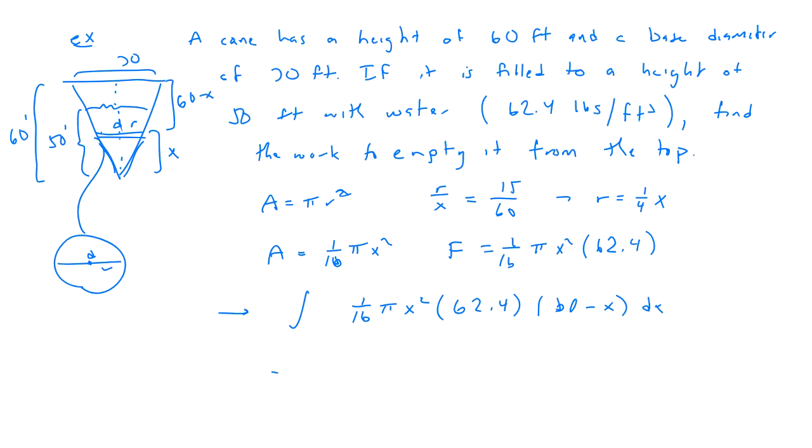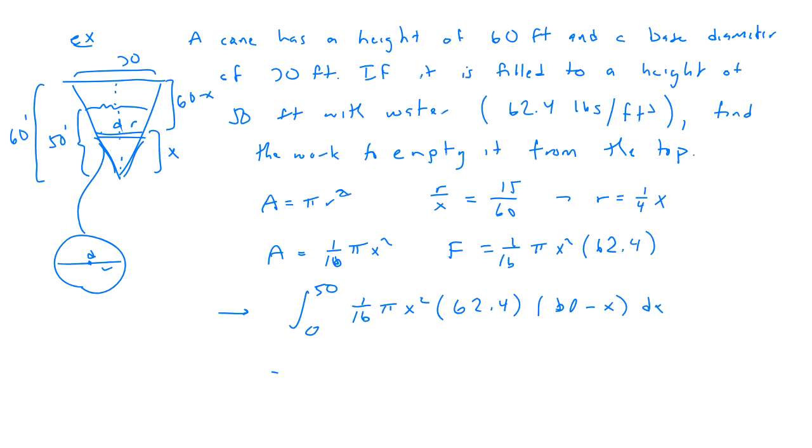And here it's kind of backwards, but what would be the limits for the x? I'll explain why. So you can see x goes from 0 to 50, because x is the distance from the bottom to where we are, and therefore there's water from 0 to 50.